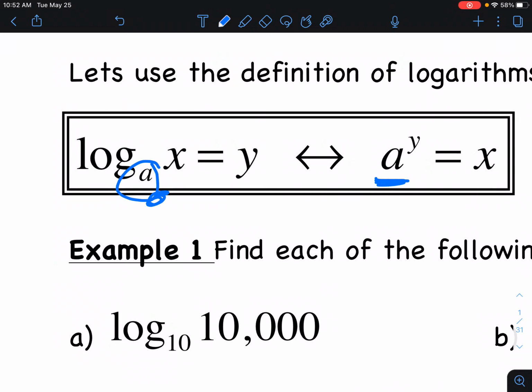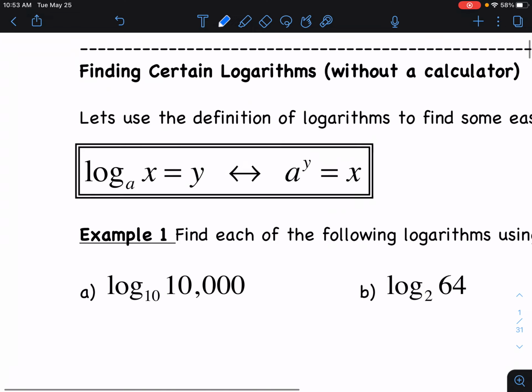And then the log base a of x is equal to y if we turned it into an exponential equation, and the exponent has to do with the y over here. I understand you guys are probably a little confused. Let's go through and hit up some examples now, and hopefully it'll make more sense.